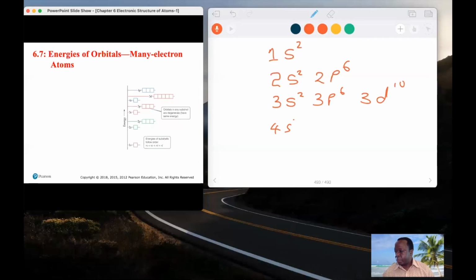4s2, 4p6, 4d10, and then 4f14. The maximum number of electrons increases by 4 each time.